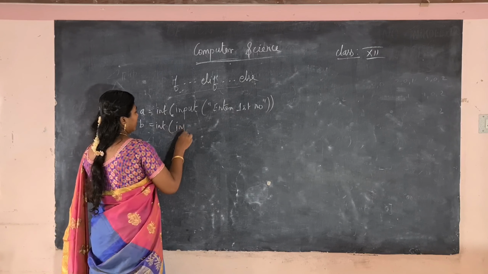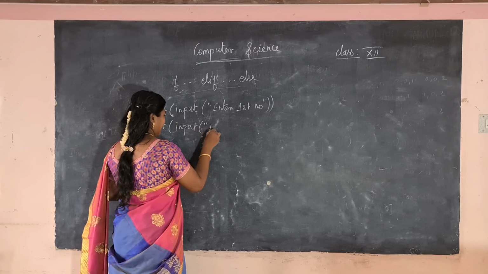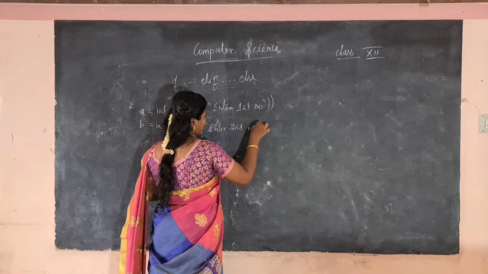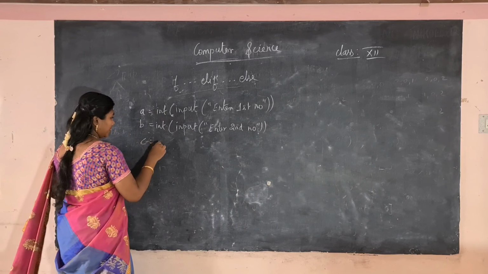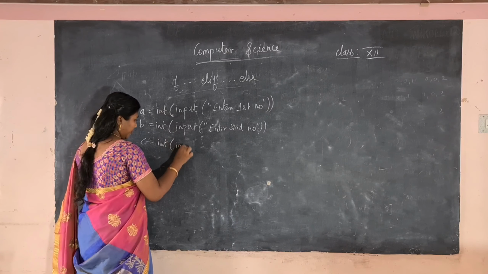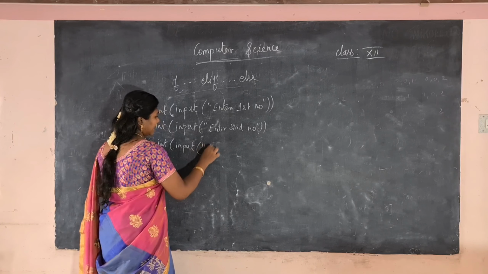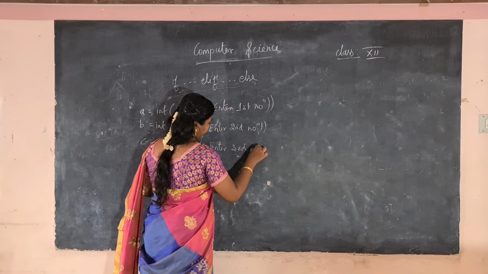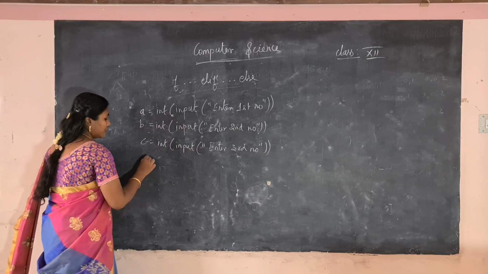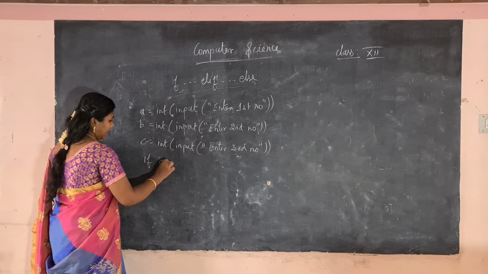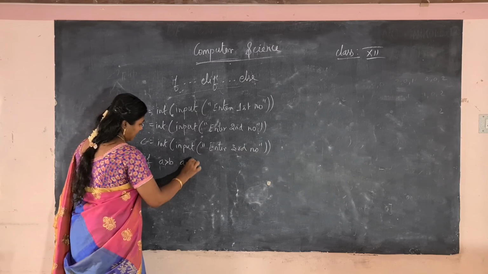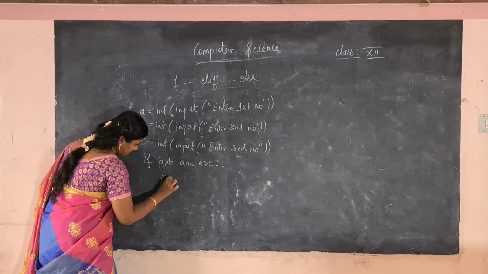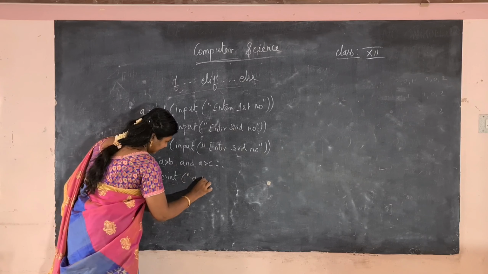So B is equal to int input, enter second number, and C is equal to int input, enter third number. So if A greater than B and A greater than C colon, print A is greater.